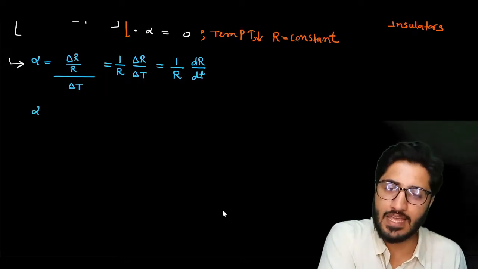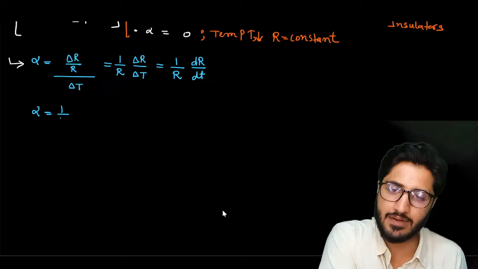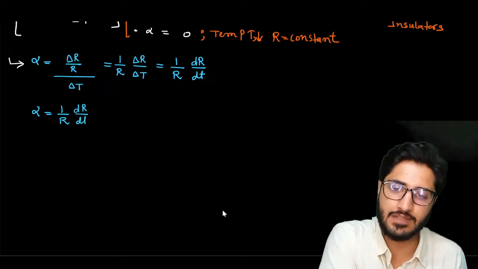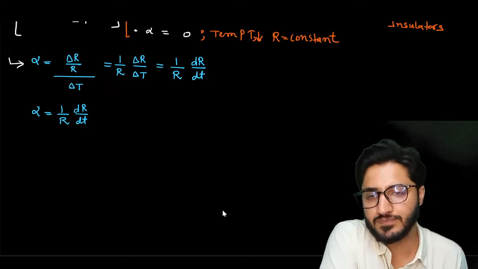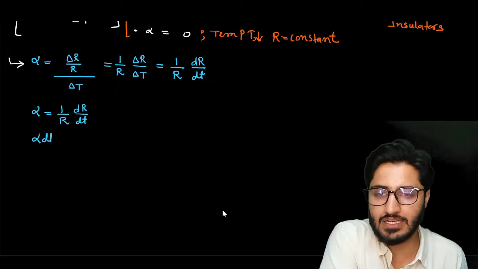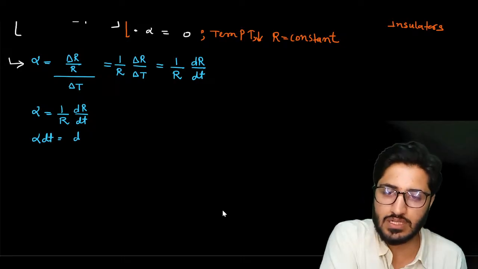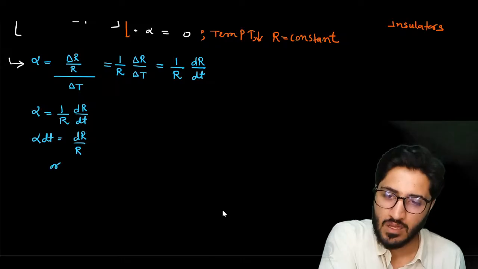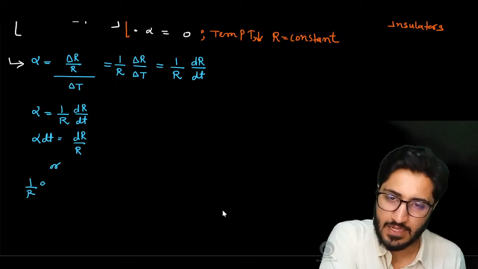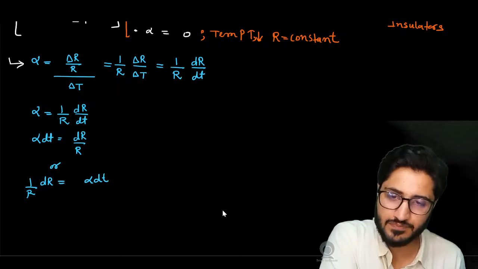So alpha equals 1 by R, dR by dT. So can I write alpha dT equals dR by R, or 1 by R dR equals alpha dT.